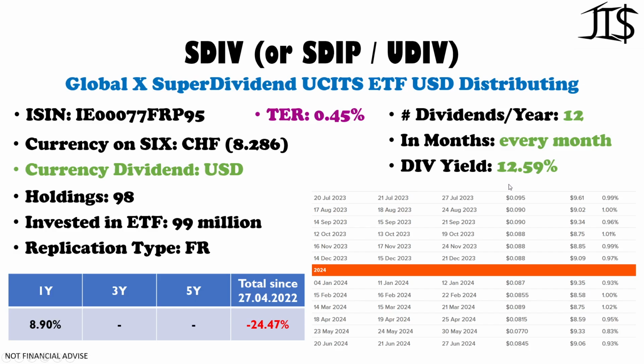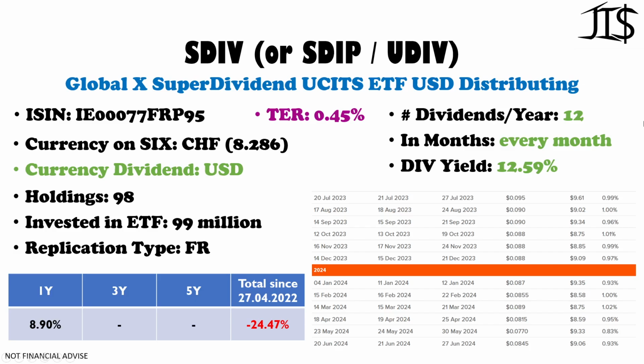And this is not an estimation, it's the true dividend yield. So for the past 12 distributions, if you had them and you calculate with this amount that they are worth right now, you have a dividend yield of 12.59%. So if they can keep the distributions up, it's a really nice dividend yield that you get.